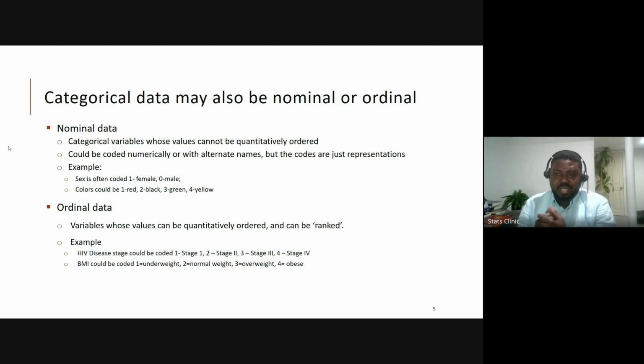Or we might have disease stage, where in HIV it might be stage 1, 2, 3, 4, or in cancer where we use grades. All of this is the fundamental understanding that is going to guide everything else that you do in statistics. Okay.